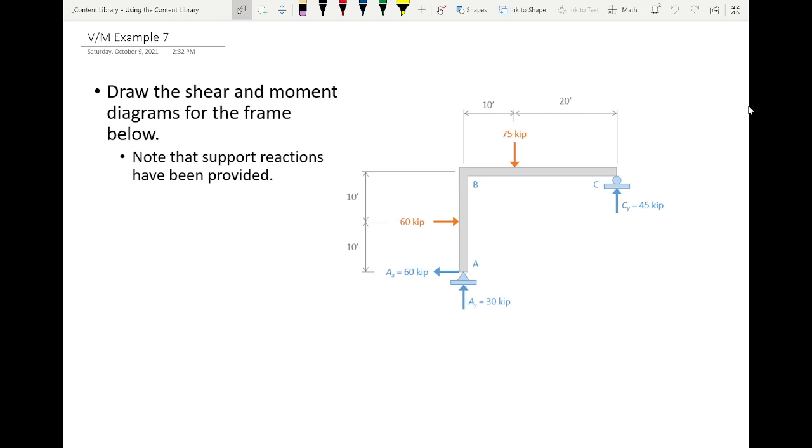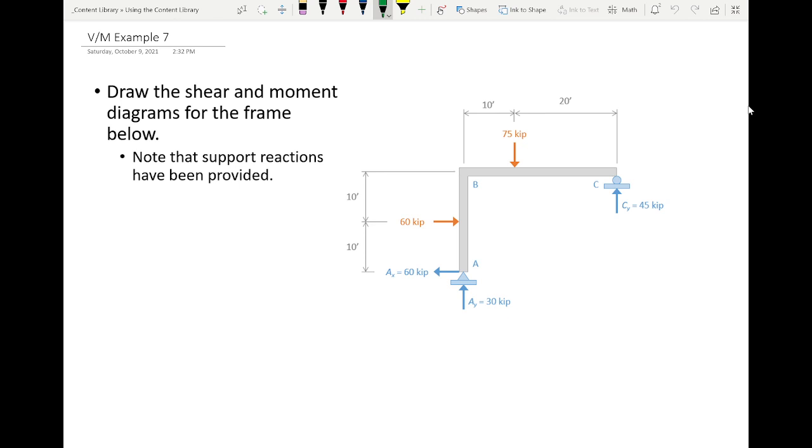So let's take member AB, the column. What I'm going to do is cut a section right here. So imagine I'm cutting a section right there. So I'm just taking this member out. And for member BC, I'm going to cut a section right here. So you could think about it that I'm splitting this up into three components: member AB, member BC, and then later on I'll look at the equilibrium of this joint B.